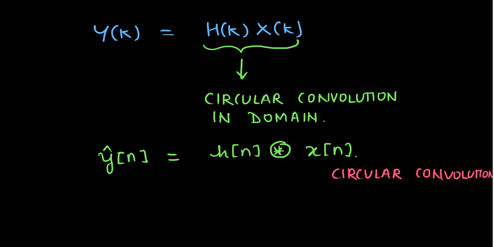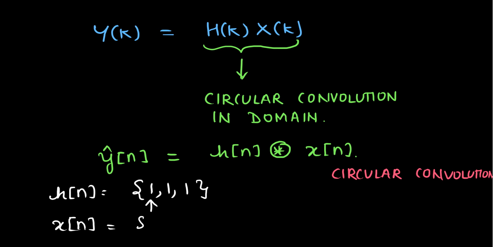Now let us consider a simple example. Let us consider the same example that we considered in the previous lecture. Let h of n be given as 1, 1, 1, and let the input x of n be given as 1, 2, 3, 4, where the first one is located at 0.